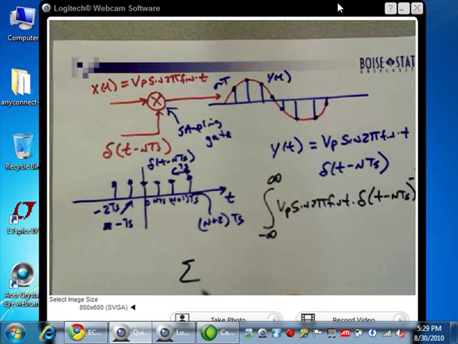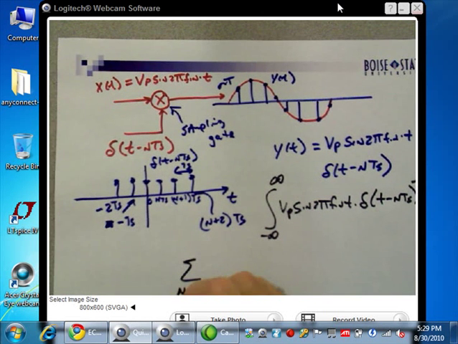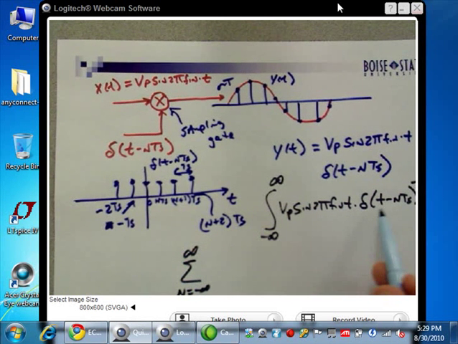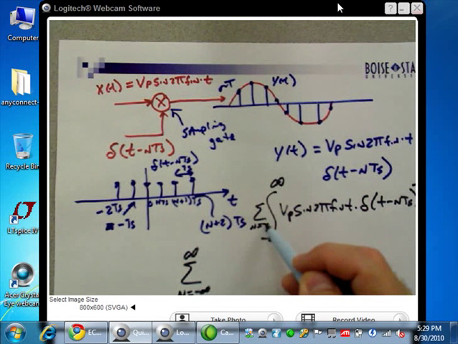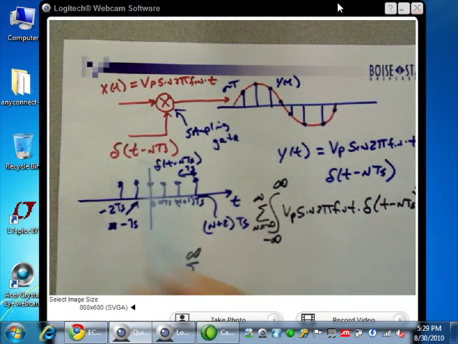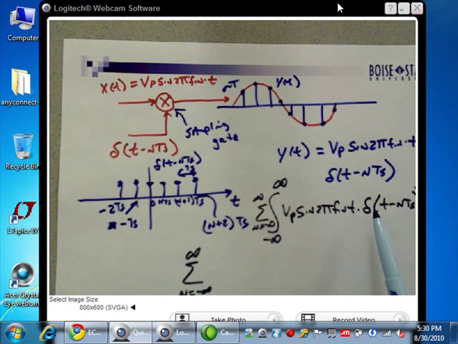Let me follow the book. n equals minus infinity to infinity, because I really have a summation here, right? I have to have the summation of all of those, n equal minus infinity to infinity, because if I just pick one, set nTs, I need to have all of the spectrum.